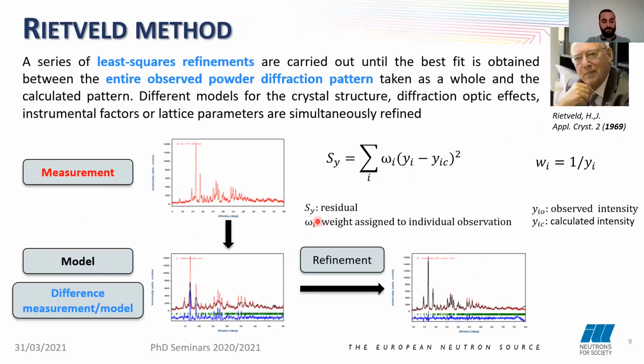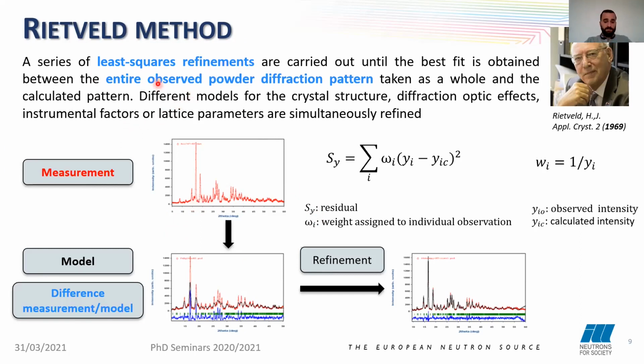So the Rietveld method for the analysis of powder diffraction data was a breakthrough because before that, the diffractogram was analyzed by fitting each individual Bragg peak. However, what Rietveld proposed is to refine the crystal structure instead of fitting the observed diffraction pattern directly, because the peak positions are determined by 6 parameters, the dimensions and the angles of the unit cell, and the peak intensities are determined by the position of the individual atoms.